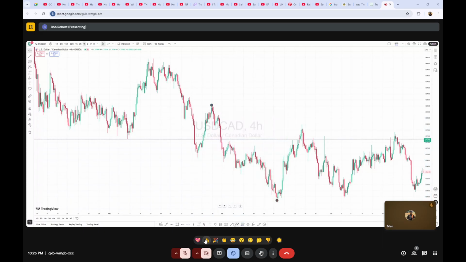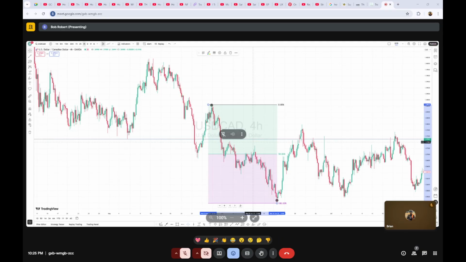No problem, even if you pull from here to here, it's still okay. Just know this is this. So in this case, remember you are looking for a sell, so you are waiting for the market to get into the premium. So the premium is here at the top. Okay, so you want the market to get into the premium zone.